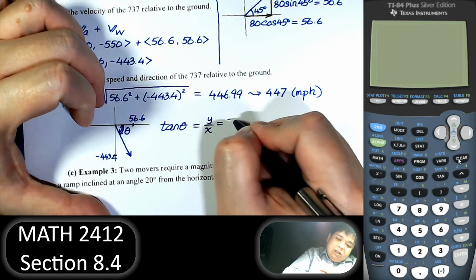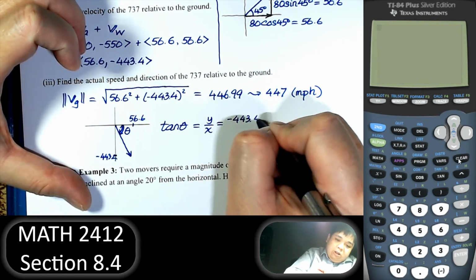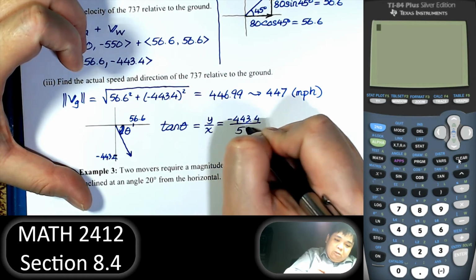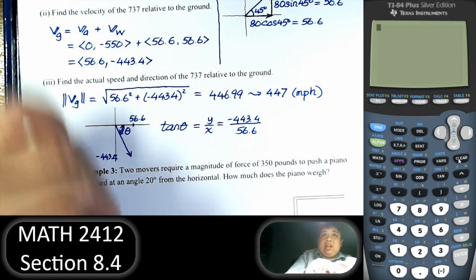So y component 443.4 over 56.6, and we take the inverse.